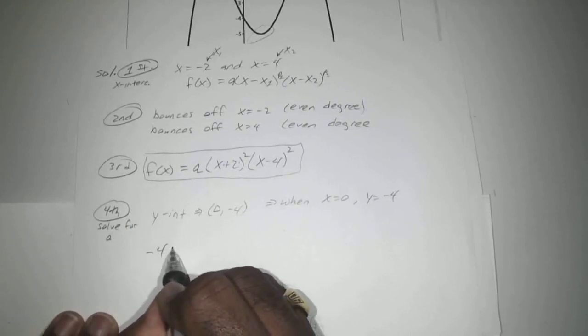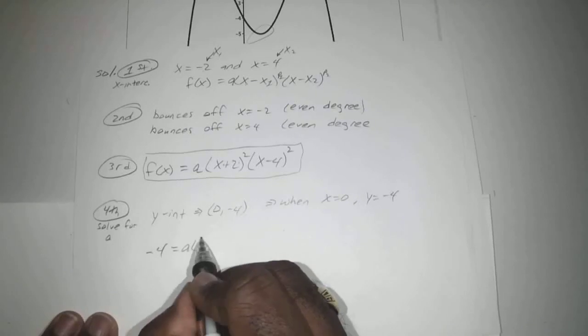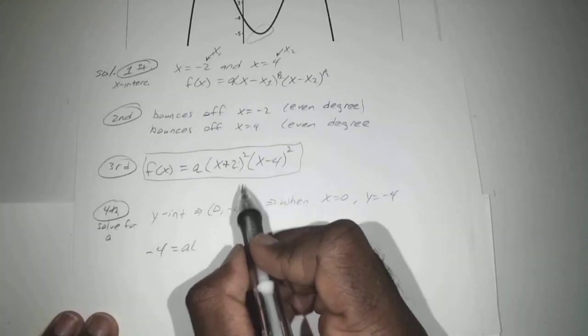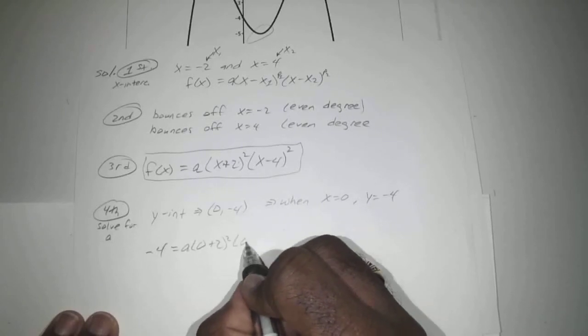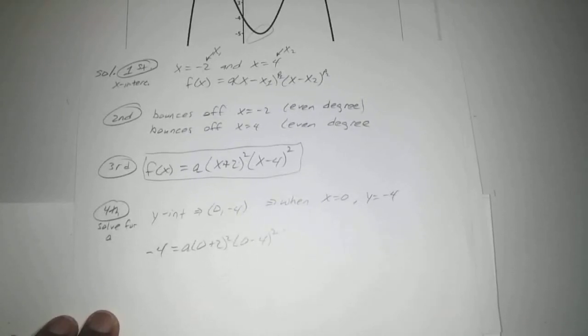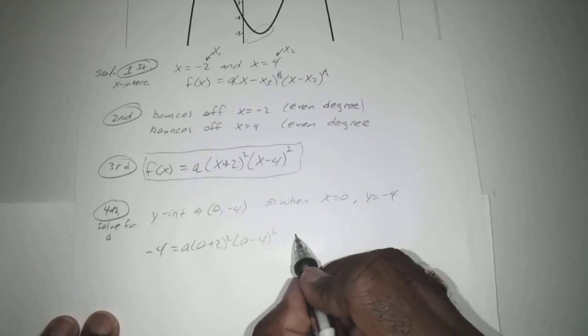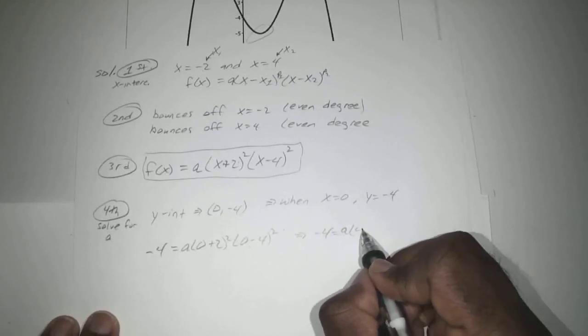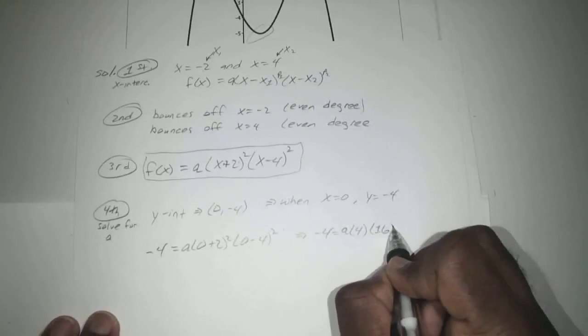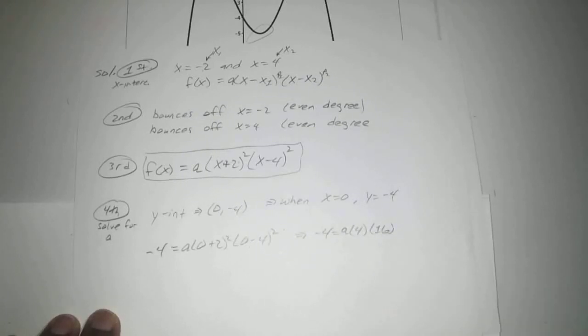So we have our -4 equals a times 0 plus 2 squared times 0 minus 4 squared. Okay, so that would be -4 equals a times 4 times 16, which would be 64.